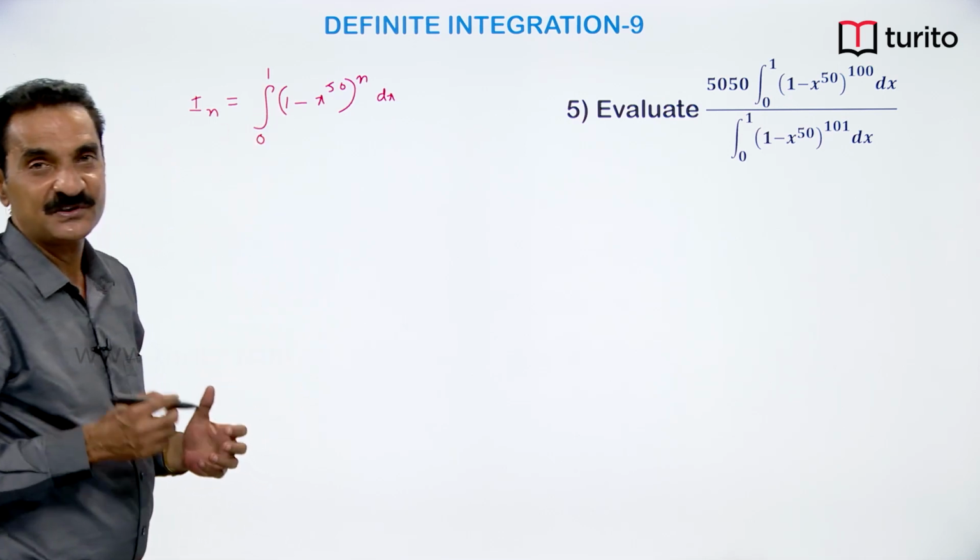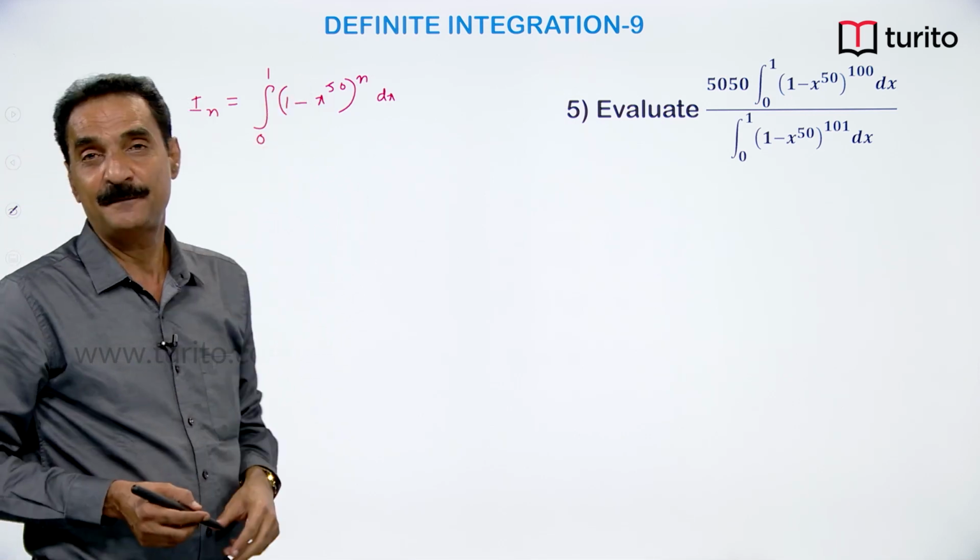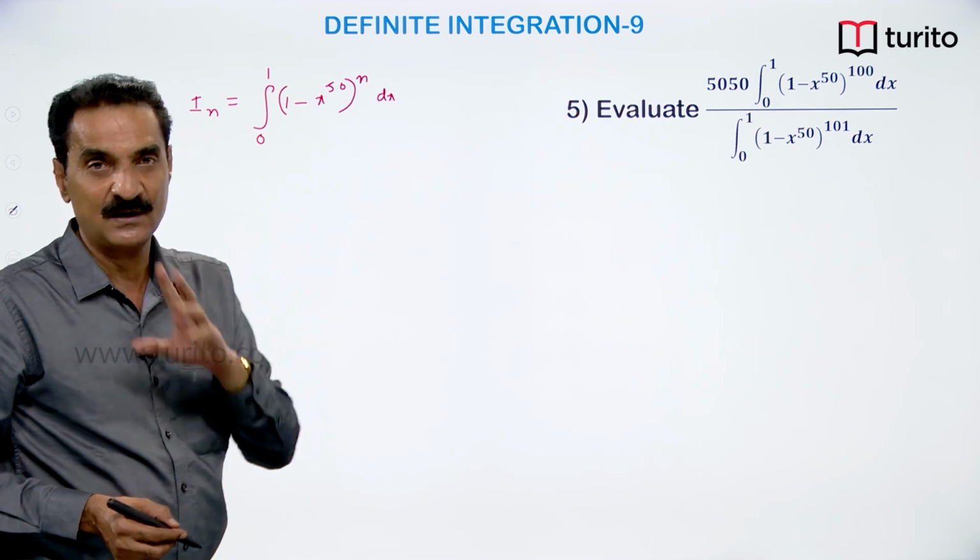But where is the first function, where is the second function? First function is (1 minus x power 50) whole power n, second function is 1.